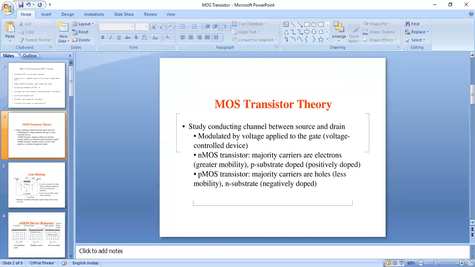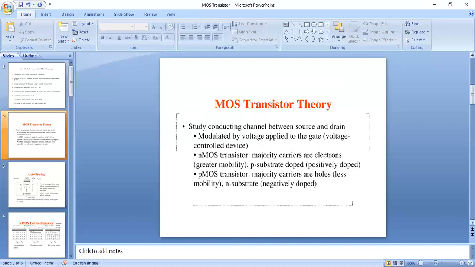So there are two classifications of MOS transistors, known as NMOS transistor and PMOS transistor. NMOS transistor means the majority carriers are electrons, so it may have the greater mobility, and a P substrate means positively doped. The NMOS transistor consists of a P substrate, above which we are creating two N wells.